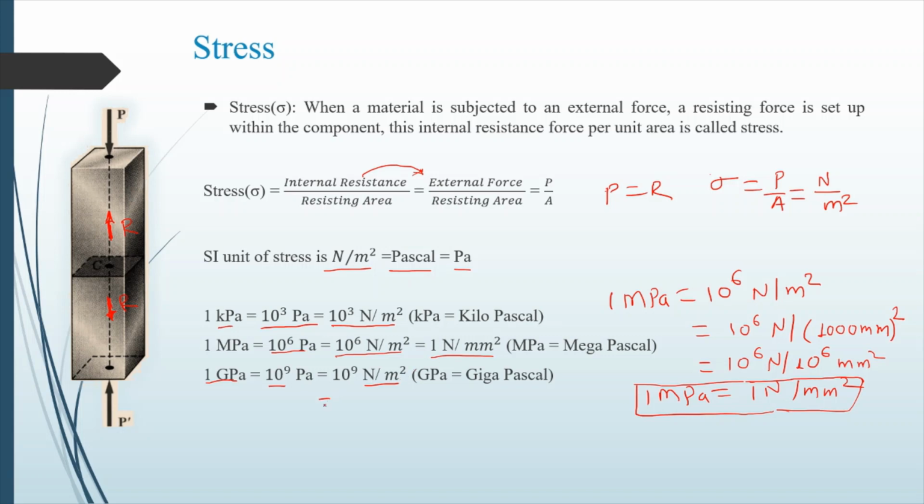You can write this 10 raised to 9 as 10 raised to 3 into 10 raised to 6 Newton per meter square. The value of this 10 raised to 6 Newton per meter square we already calculated. So we can write 1 gigapascal is equal to 10 raised to 3 Newton per mm square.